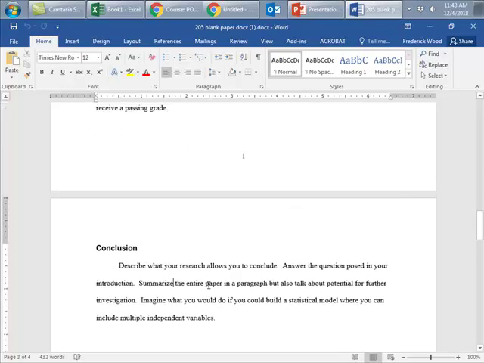Finally, what do you do in a conclusion? This is where you explain to me what meaning we can get from your rejecting of the null hypothesis. So it's not just enough to say, we rejected the null hypothesis, therefore there's a gender gap.